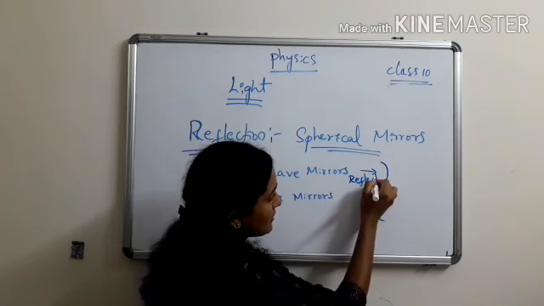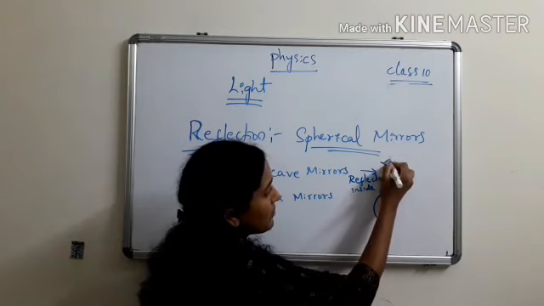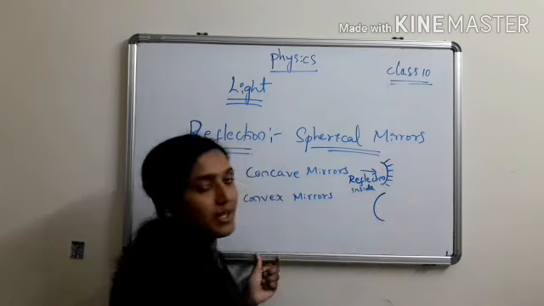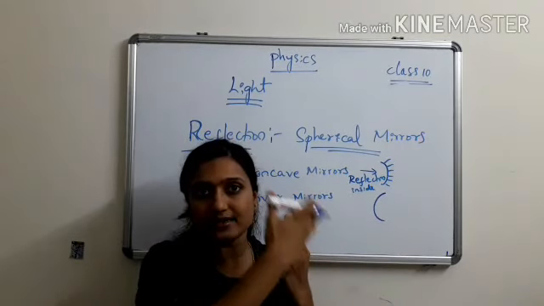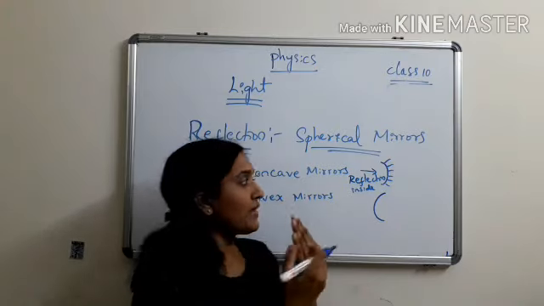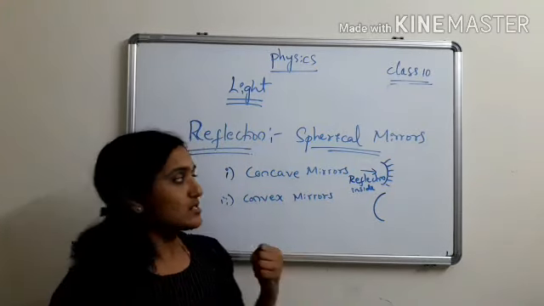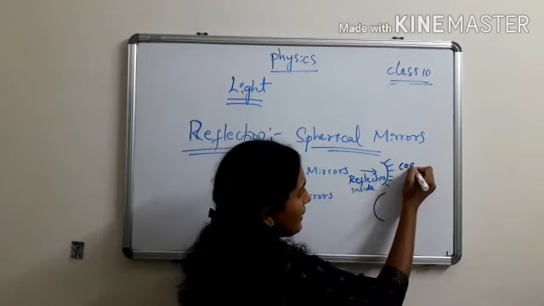Reflection will happen inside, and the coating will be outside. You may observe that in homes we use small mirrors with a coating layer on the back side, and the other side is where the light comes. So here reflection will be inside, coating will be outside.